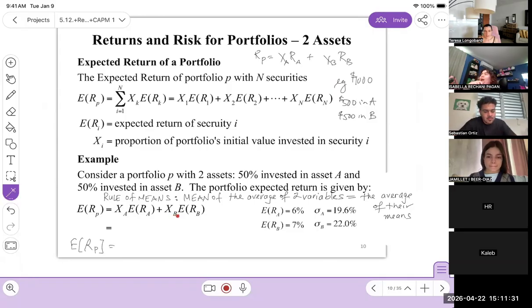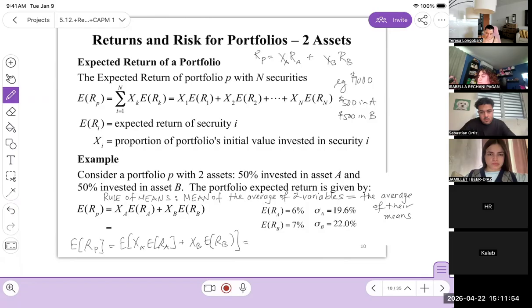They don't have an expected value. They're just themselves. So if I work this operator through this whole expression here, it's the same thing, but rather than the average of the R's, it's the average of the means.